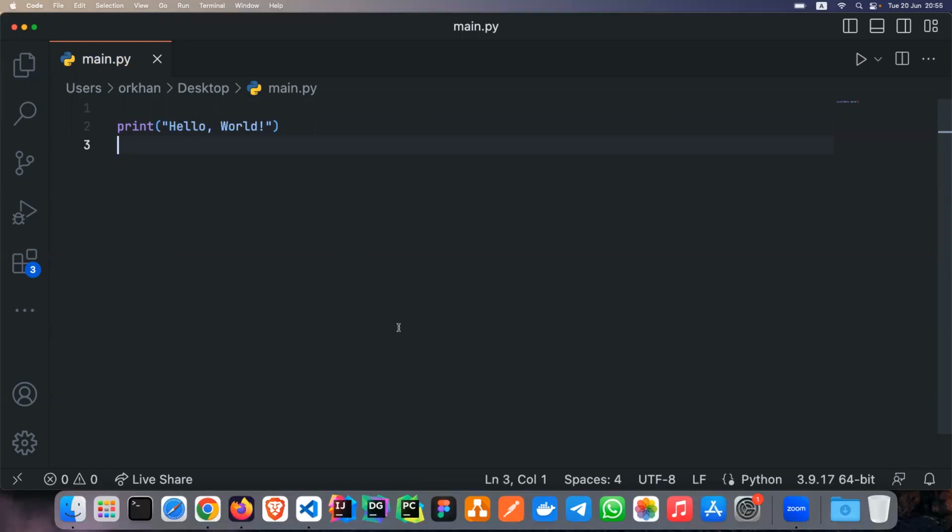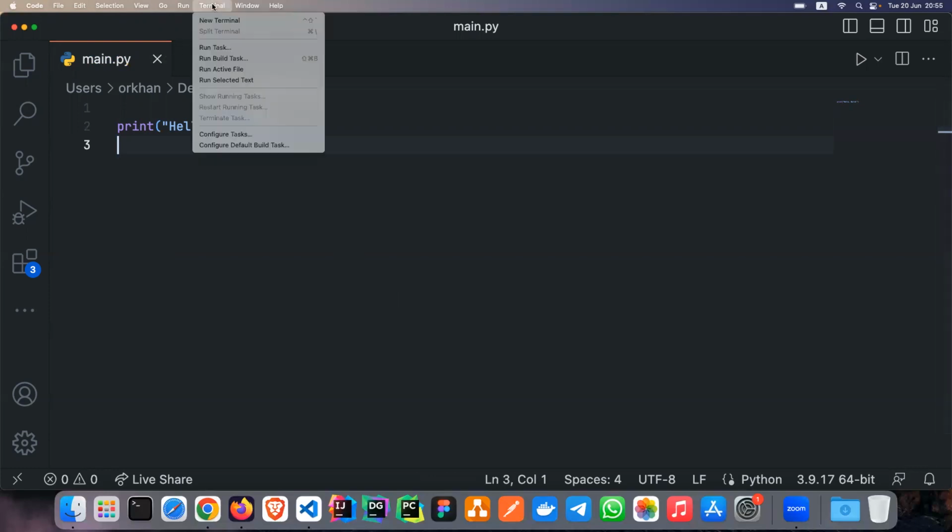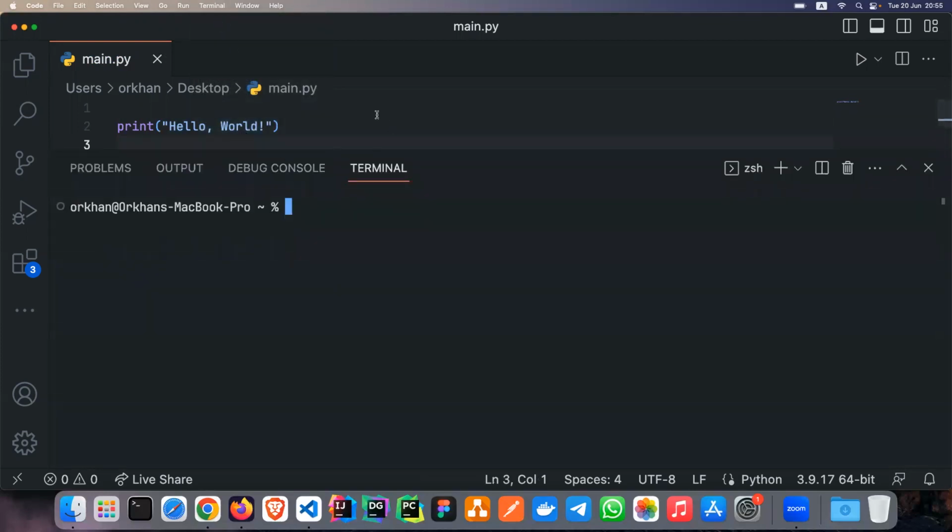Then, after doing this, I need to open a terminal. I will go to this terminal tab here. I don't need to switch to another window, because Visual Studio has an integrated terminal. So I will open the terminal, and I have this main.py file here, right?